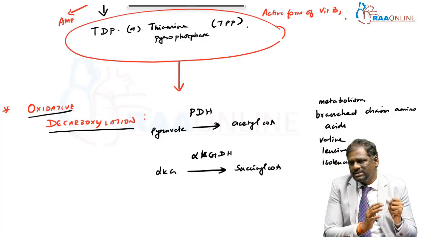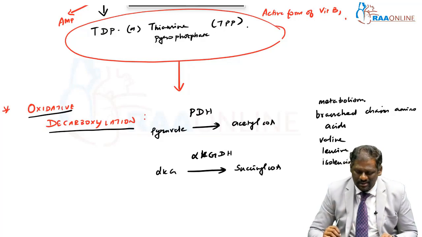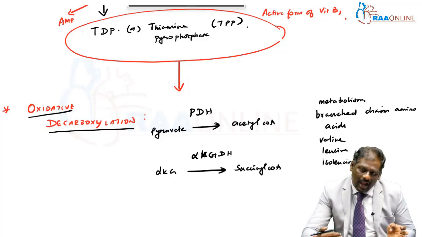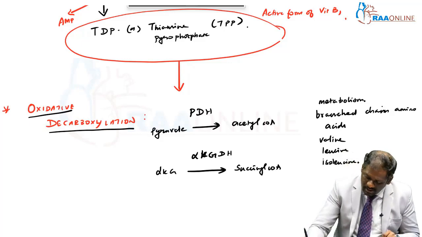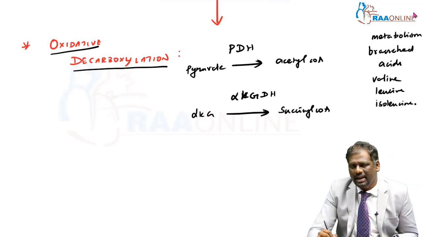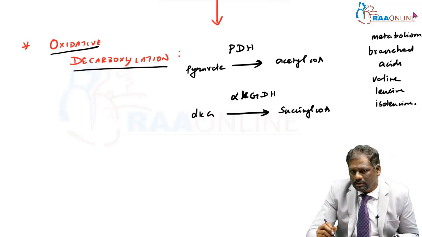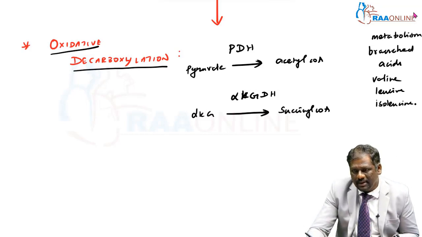You get the point? These are the various functions of thiamine pyrophosphate. The main functions are oxidative decarboxylation and metabolism of branched chain amino acids.